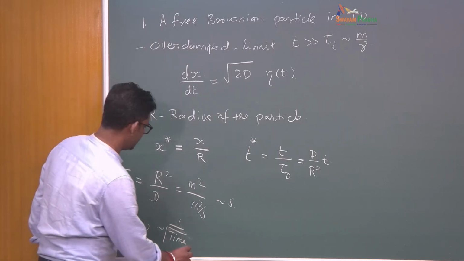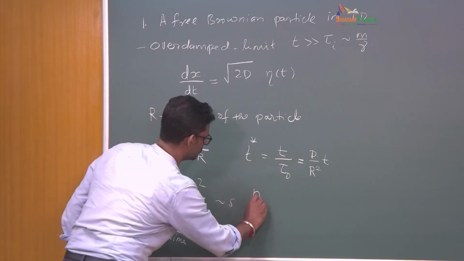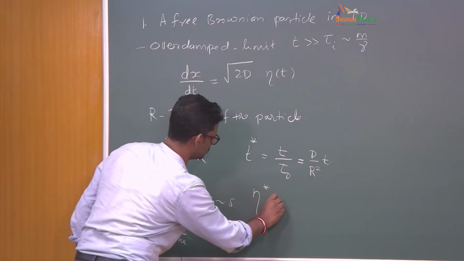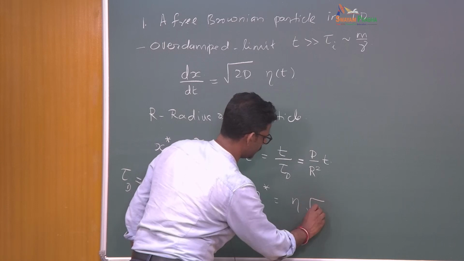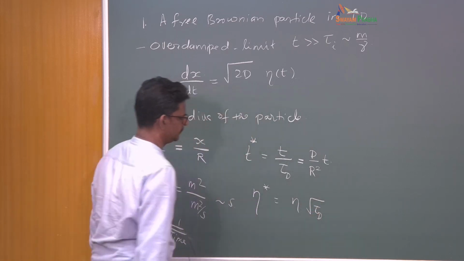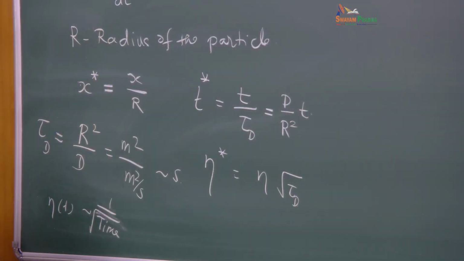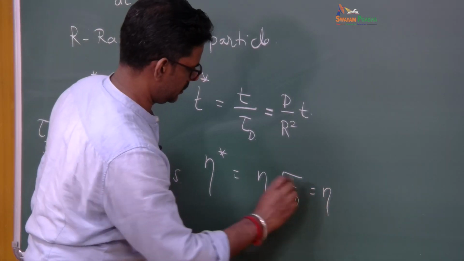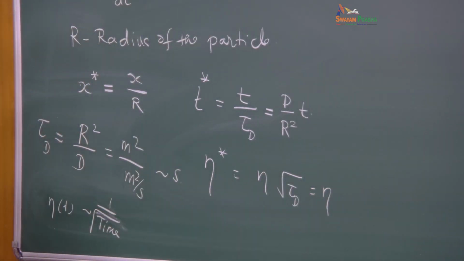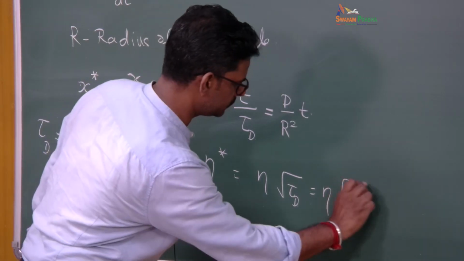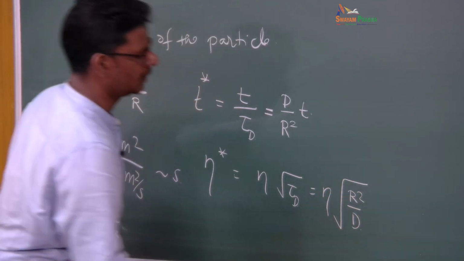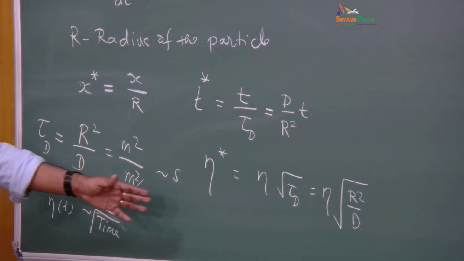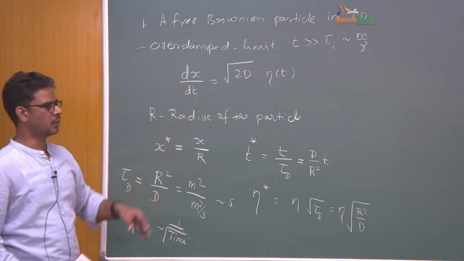The way you would do that is eta into square root of tau D. Now we can actually substitute all these non-dimensional numbers here and then convert this equation.